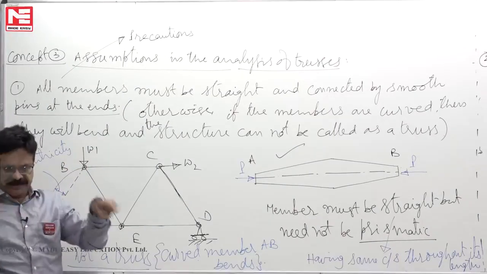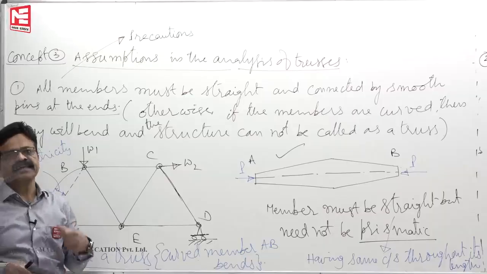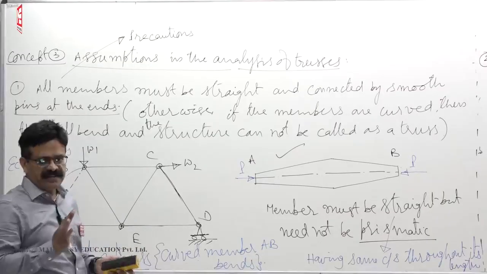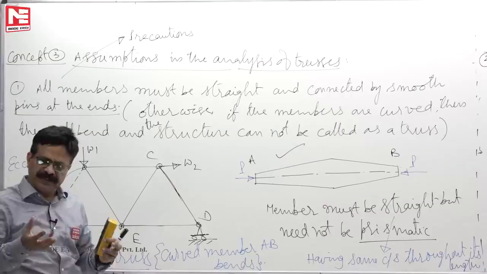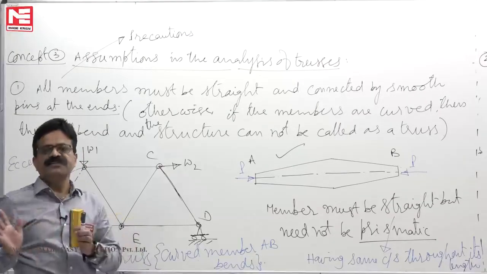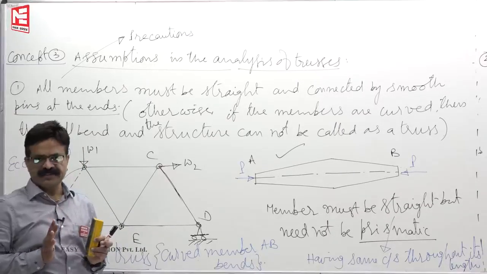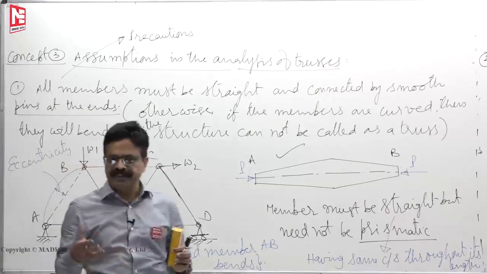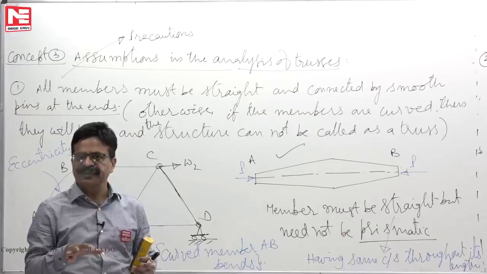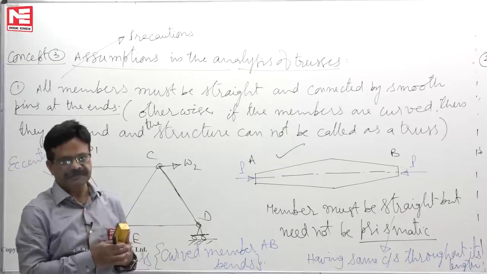If you have a square or a rectangle form, let us say, then that is not a stable form. Means without developing any stresses, it will undergo rigid body translation or rigid body rotation. Any structure which undergoes rigid body translation or rigid body rotation is called unstable or mechanism.